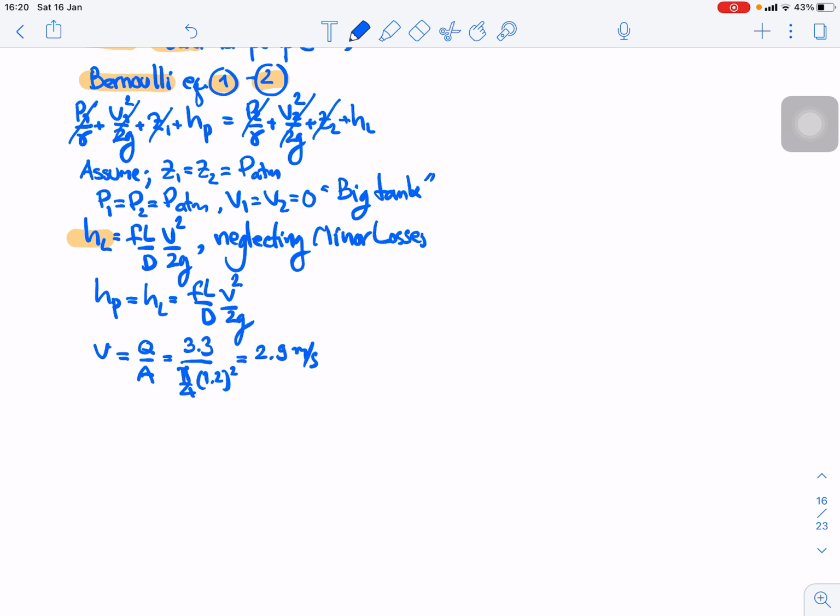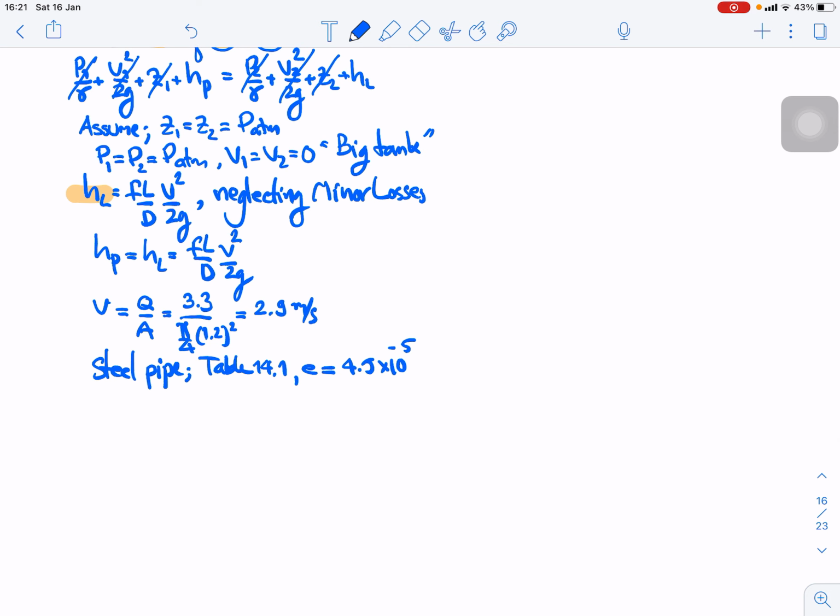And the next step for the steel pipe, we open the table 14.1. What is the roughness for steel pipe? It is about 4.5 times 10 to the power minus 5, so we can estimate the relative roughness for this pipe.